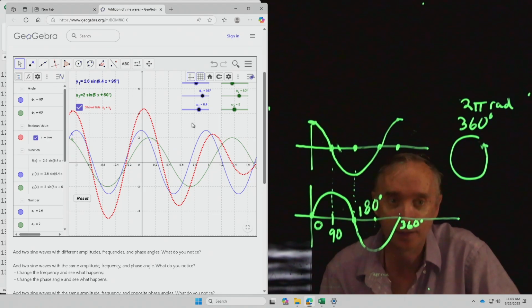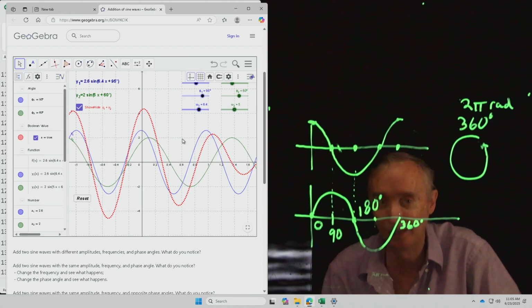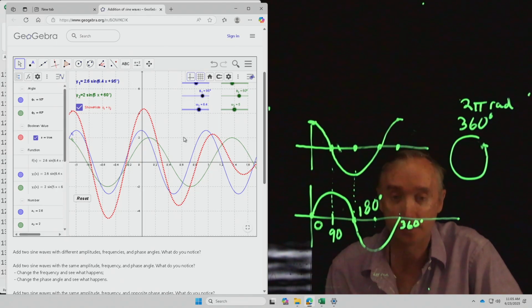But I think that after you play around with the sliders, you'll be able to figure out what the two frequencies have to be. And then the amplitudes are also going to be related to each other. There's a specific amplitude and a specific frequency relationship between the two waves.